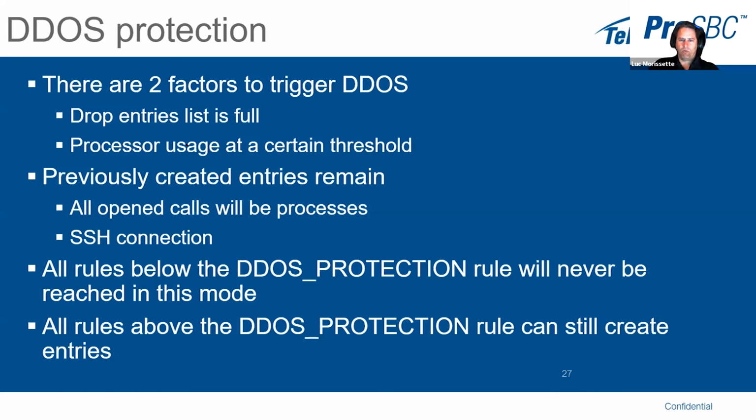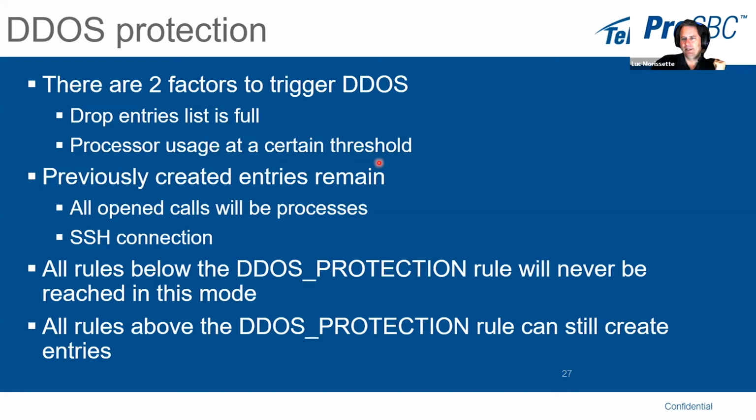So if ever we reach this drop entry full list, and we decide to move to a DDoS mode, there will be a status in the system to show we are in DDoS mode.